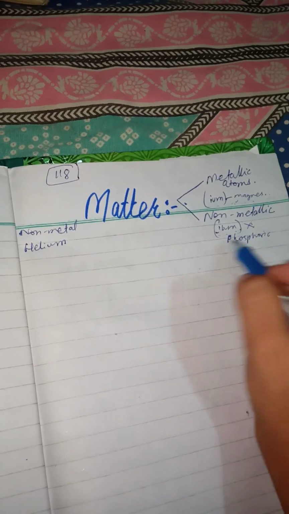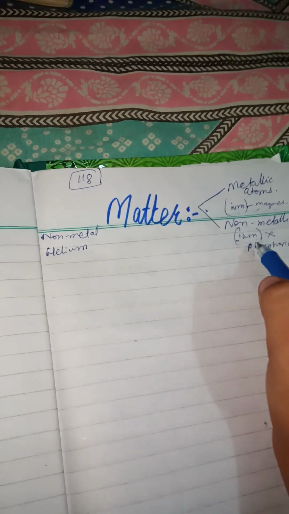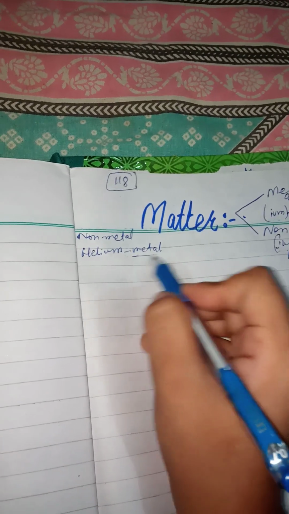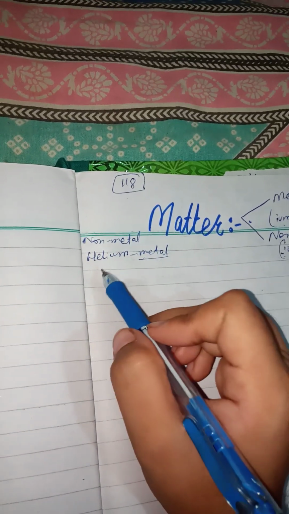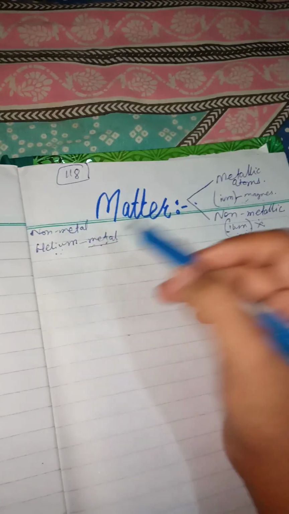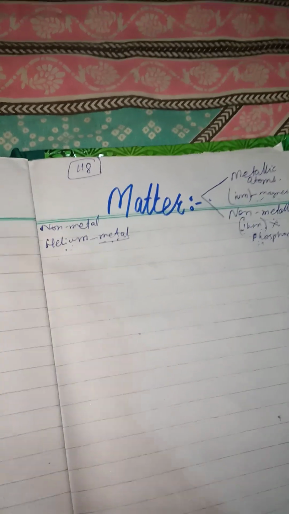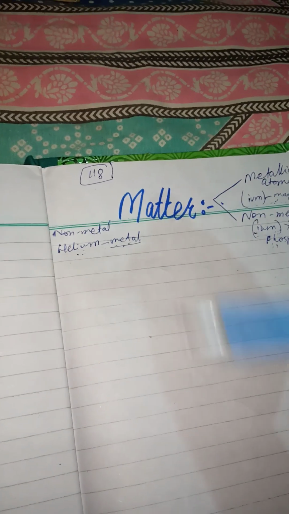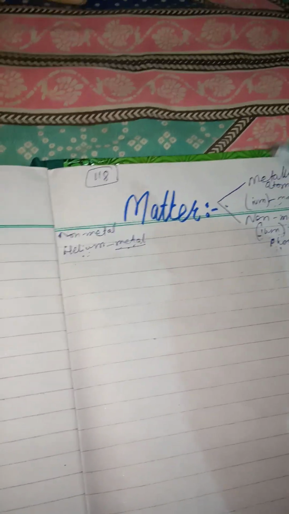So helium must be in the non-metallic, but here it is in the metal just because it does both works. It has the name of a metal, but the composition of a non-metal, yet it is considered a metal. So this means helium does not follow the law of IUM.